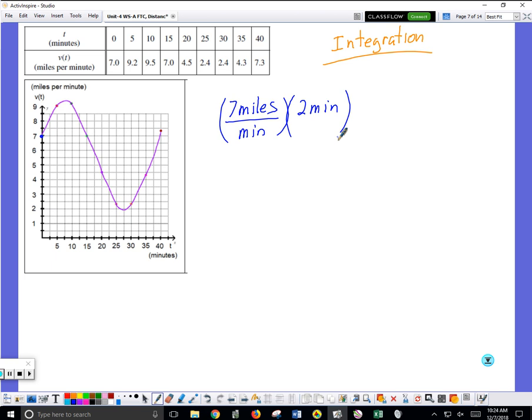That's not what really happens. The velocity is steadily going up, but we're going to pretend that the velocity stays at 7 for the first 2 minutes. The graph would be the red graph. The velocity is just steady at 7 miles per minute for 2 minutes.